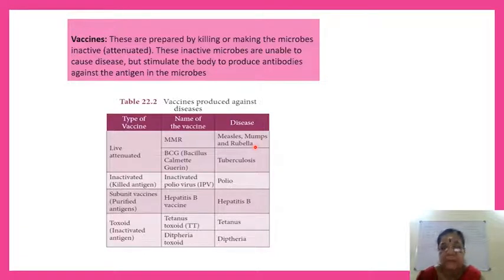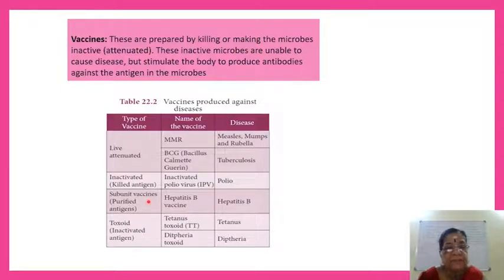Rubella is a type of fever. Then Bacillus Calmette-Guerin is for tuberculosis. Then inactivated, killed antigen: polio drops, that is for polio virus.